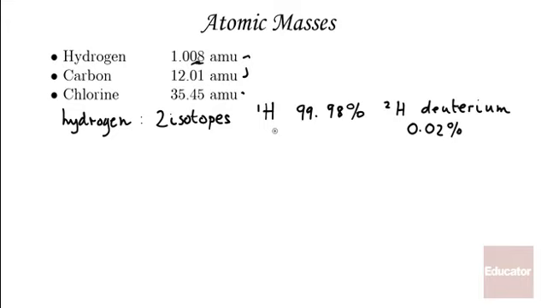1H has an atomic mass A equals 1.000 AMU. Deuterium has an atomic mass of 2.000 AMU. So that explains the slight difference from the whole number for the average atomic mass of hydrogen.